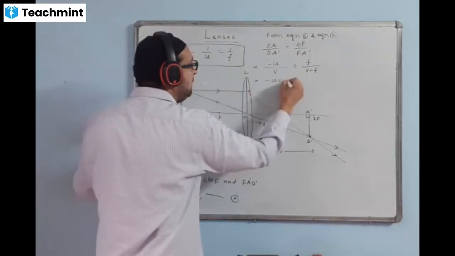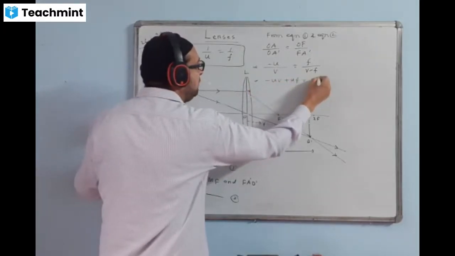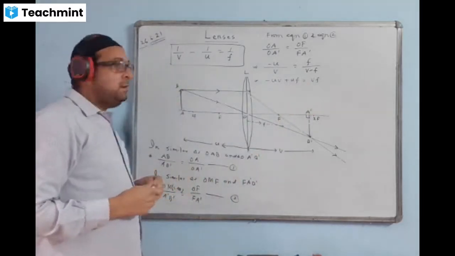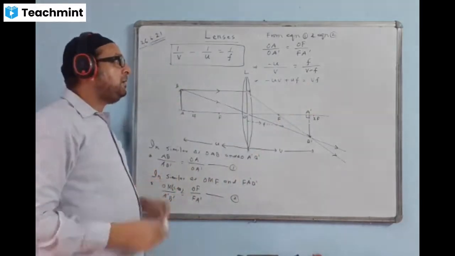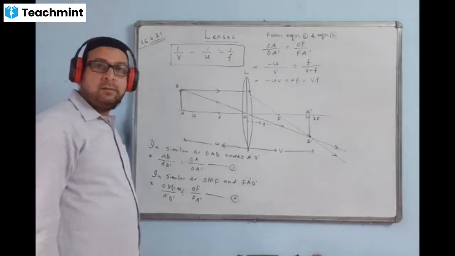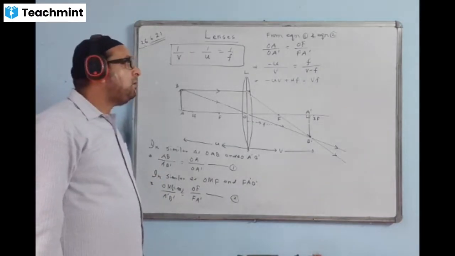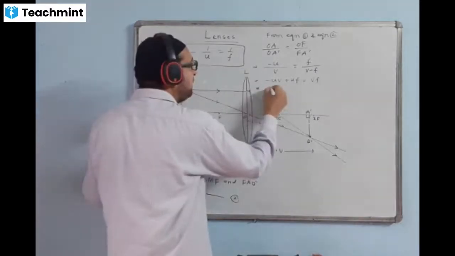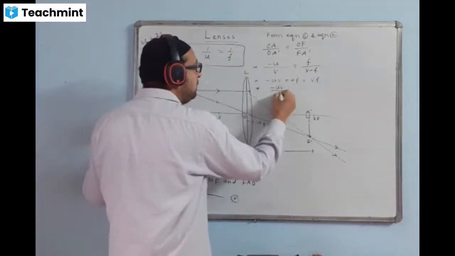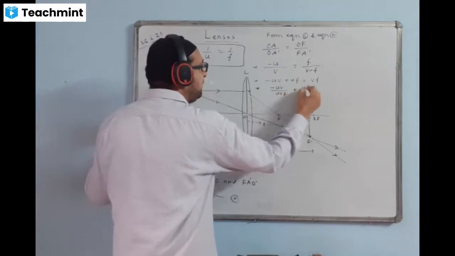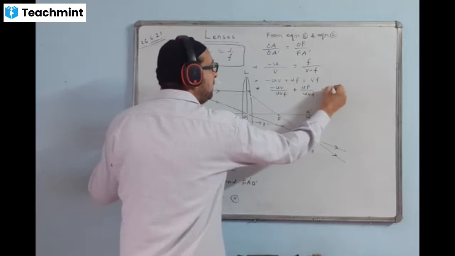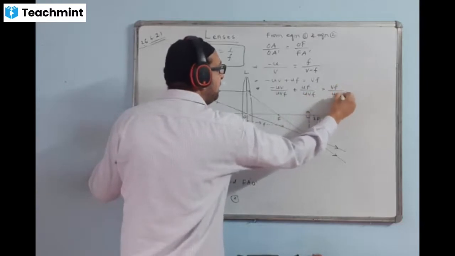Minus UF is equal to UV minus UF... So I have multiplied. Now I will divide by UVF throughout. Everywhere dividing by UVF.